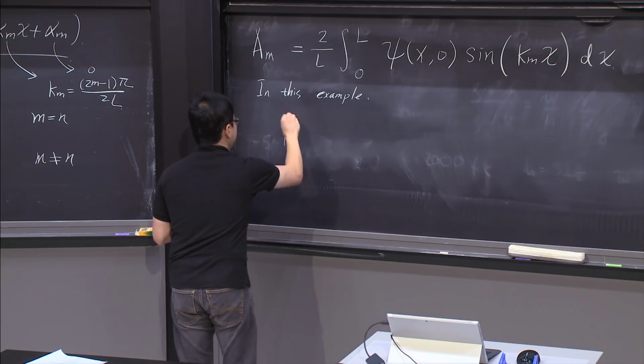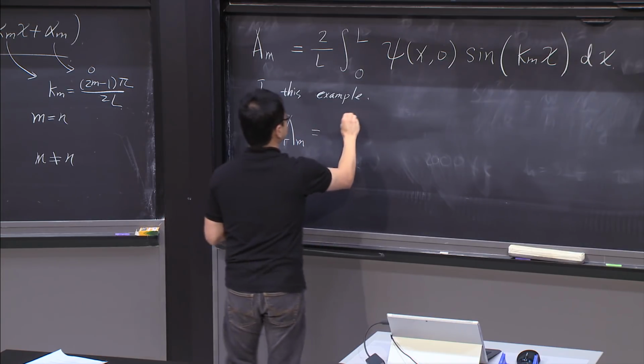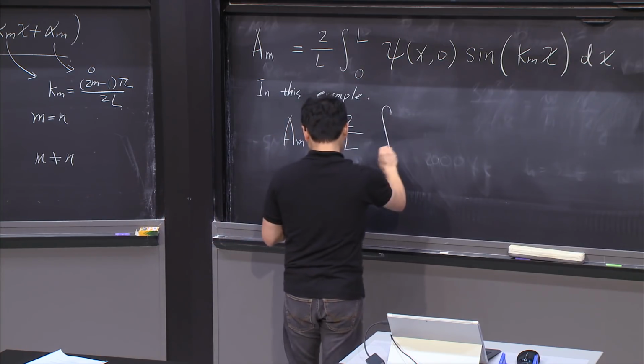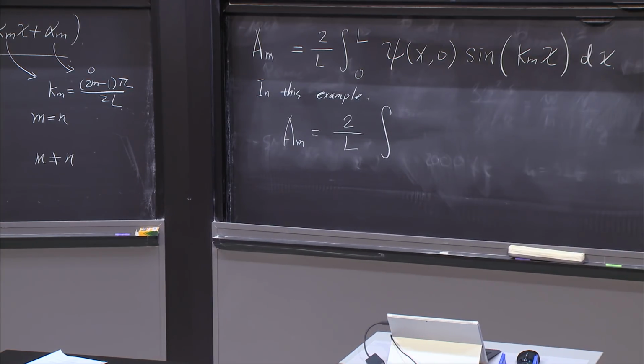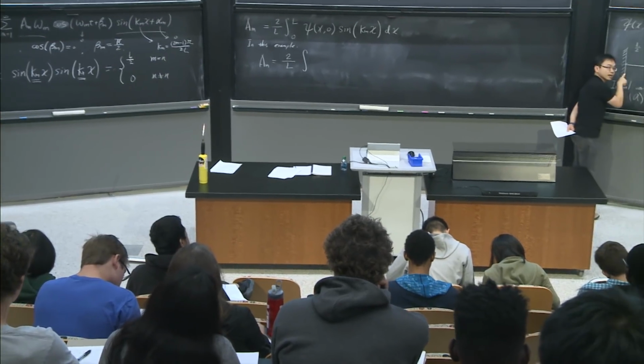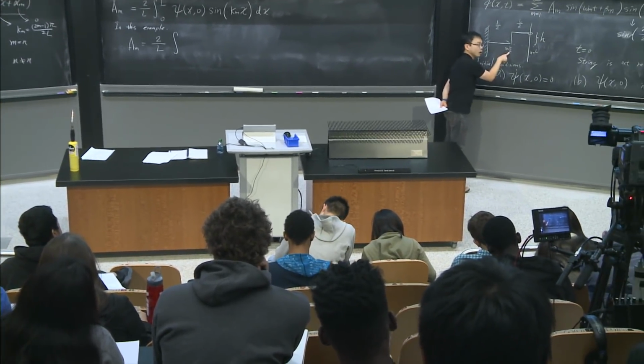Okay, so A_m is actually equal to 2 over L, since the amplitude is actually 0 between 0 and L over 2, right?